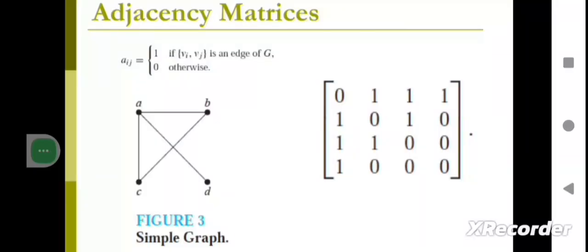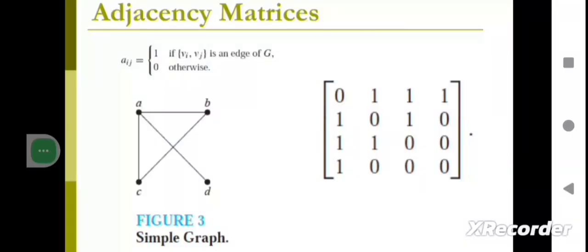First row over. Similarly second row: B to A there is a path, therefore that value is 1. B to B there is no loop, so that value is 0. B to C there is an edge, so that value is 1. B to D there is no edge, therefore the second row last value is 0.